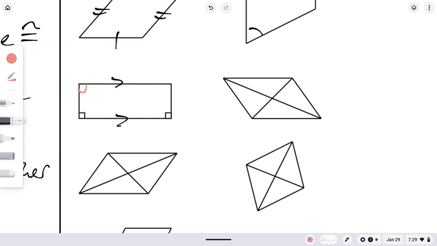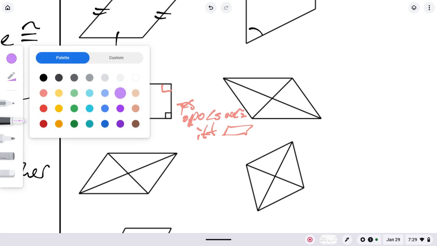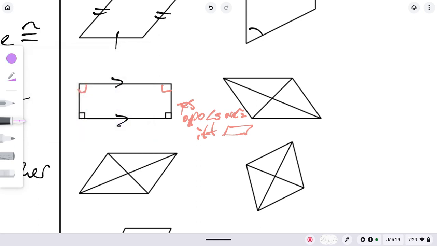If you're thinking, oh, if that's perpendicular to one side, then it's going to be perpendicular to the other side, or you're thinking about supplementary angles between those parallel lines, then obviously you'd say yes, but you'd be talking about how opposite angles are congruent if and only if it's a parallelogram, right? But you could also be thinking about this differently, and it would be faster if you thought about it this way.